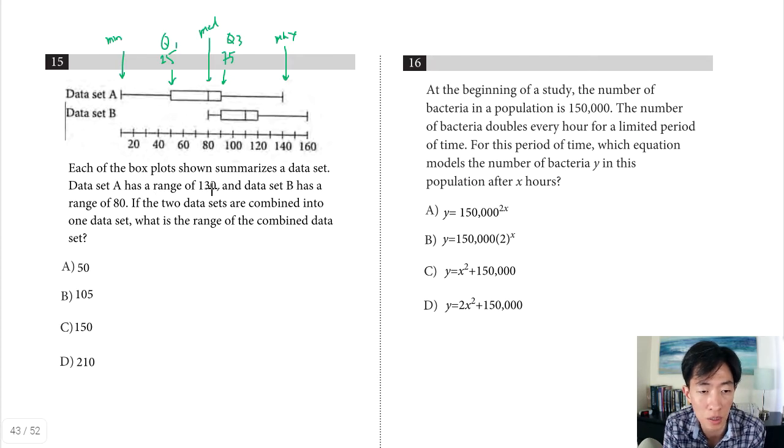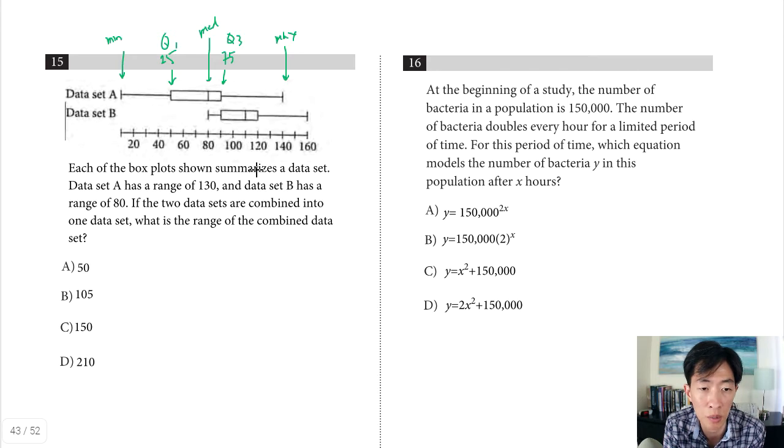Each of the box plots shown summarizes a data set, obviously 2 data sets. Data set A has a range of 130. That makes sense because the minimum value is 10. The maximum value is 140, so the range is 130. Data set B has a range of 80. Also makes sense because we're going from 80 to 160. If the 2 data sets are combined into one, what is the range of the combined data set?